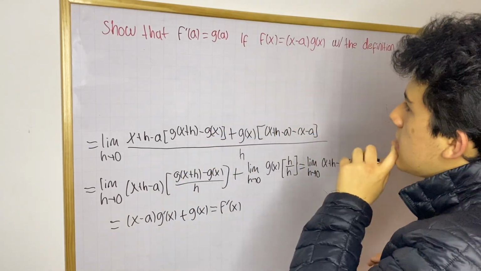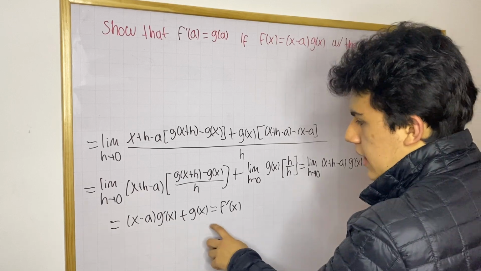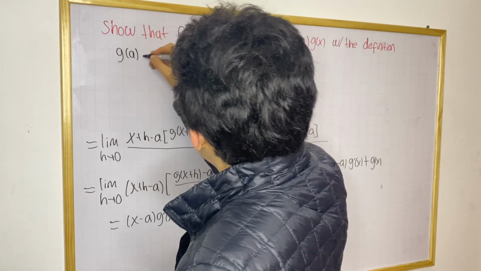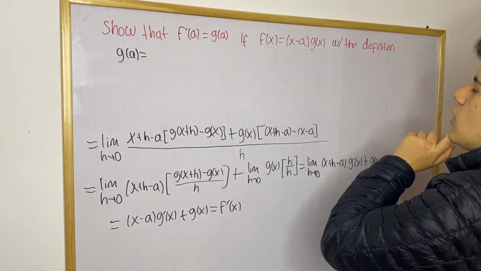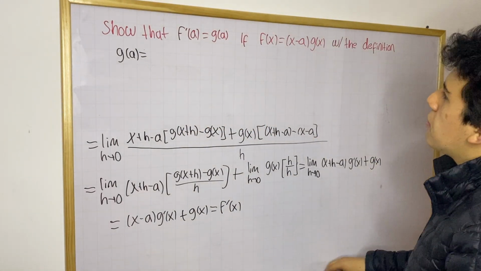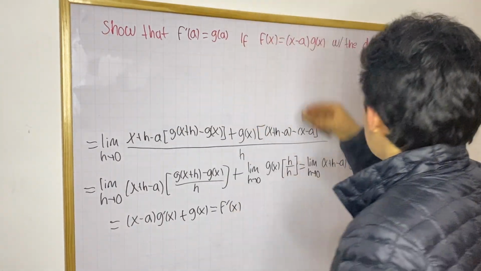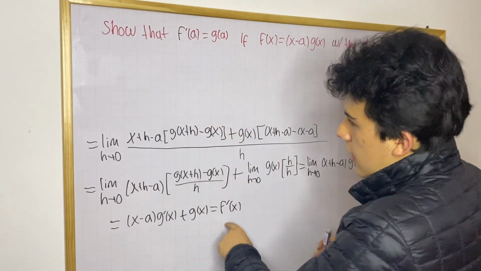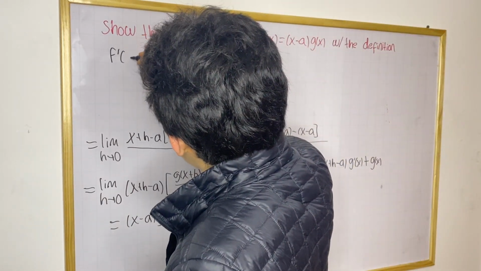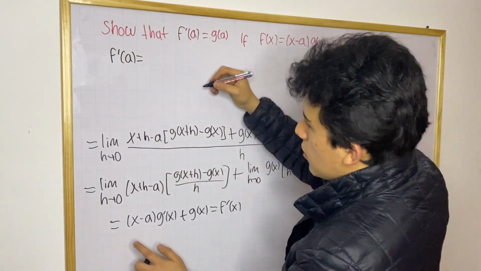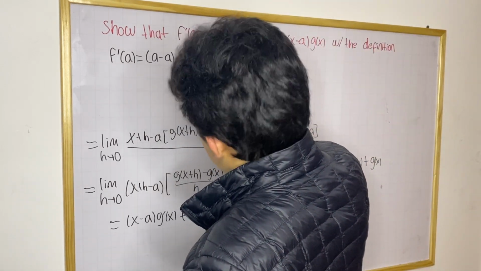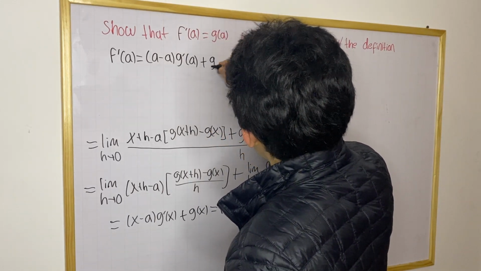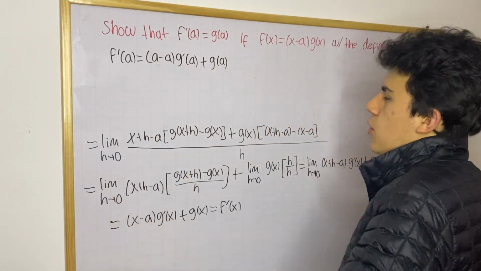Now we need to show that f prime evaluated at a is equal to g of a. So first, we know that g of a is going to be equal to, oh no, actually we can't do that because we don't know how g of x is defined. But what we can do is begin with the derivative. So we can say that f prime of a is going to be equal to a minus a times g prime of a plus g of a, and now you probably see that we just showed what we wanted to show.